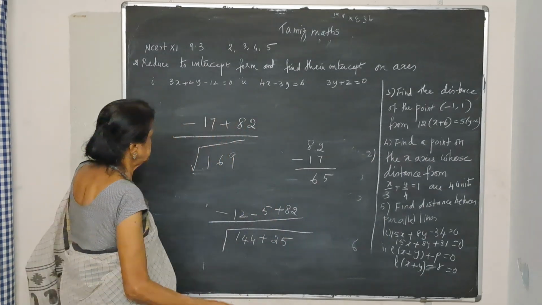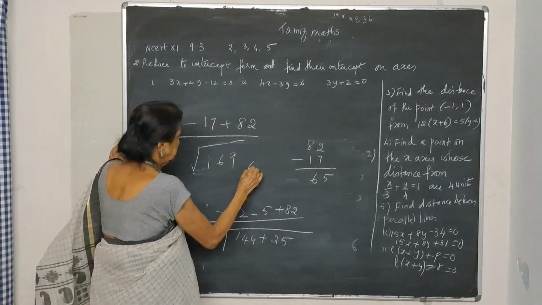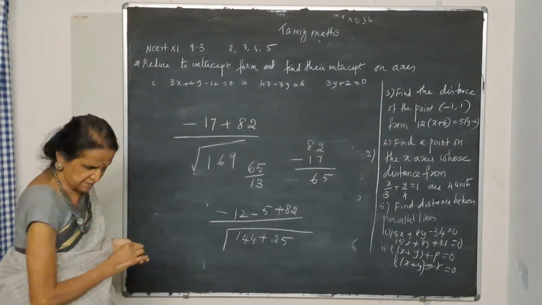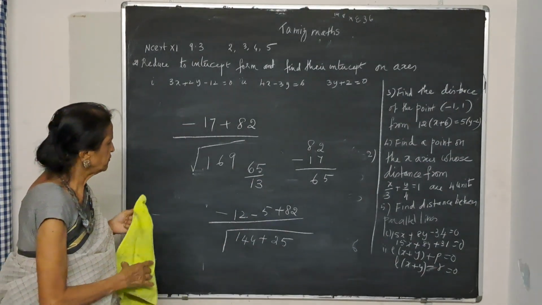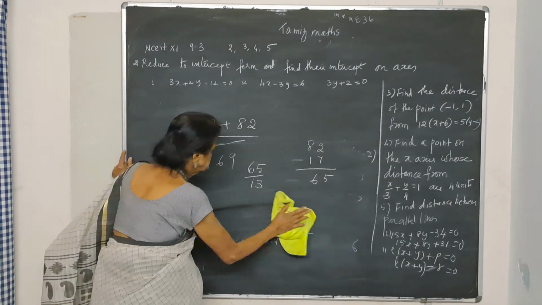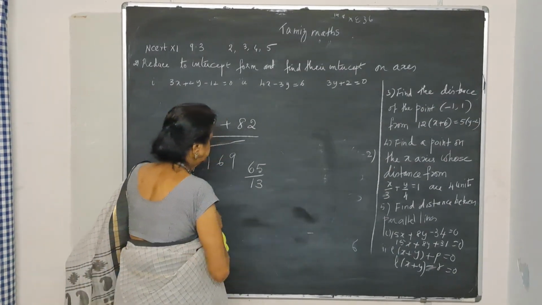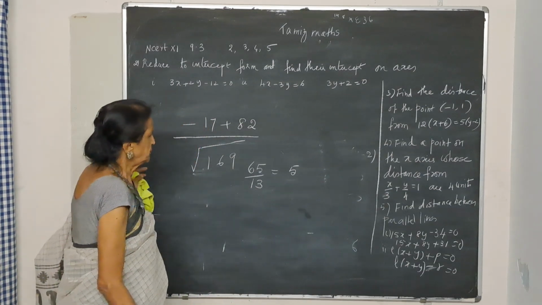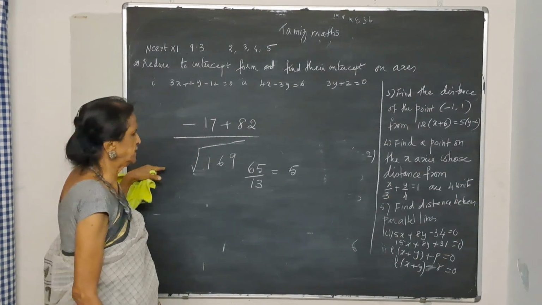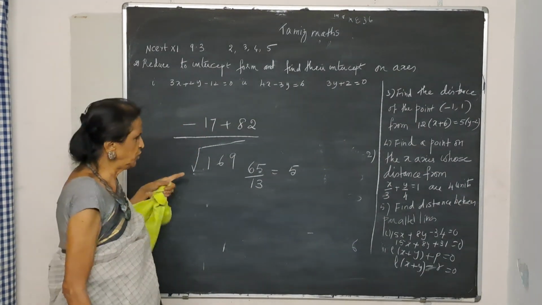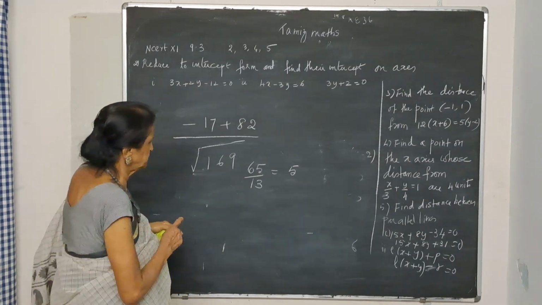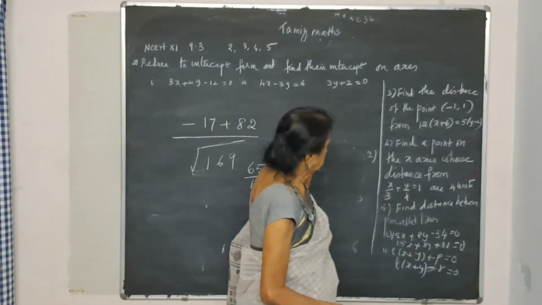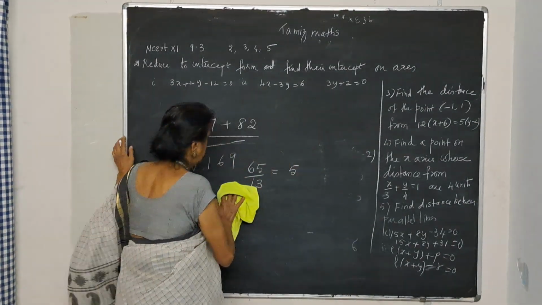So this will be 65 divided by 13. What is 65 by 13? This will be 5. So the perpendicular distance will be 5. Suppose if it's negative, you will make it positive. Here we are getting it as positive only. This will be the answer for this question.